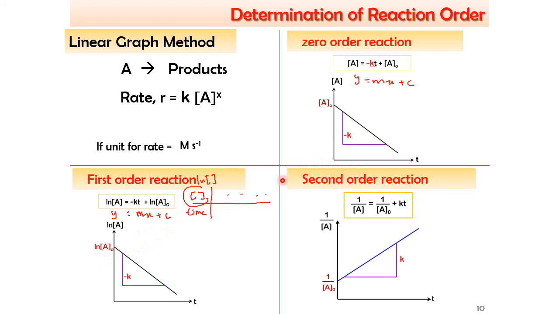For second order reaction, your integrated rate equation is this one, and when you rearrange them to y equals to mx plus c, it will be like this.